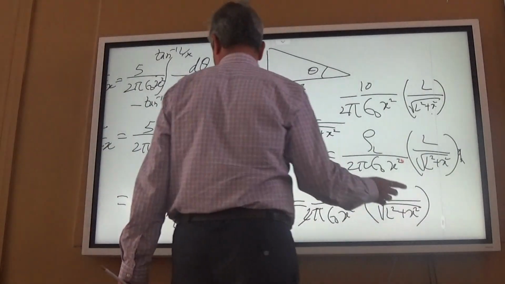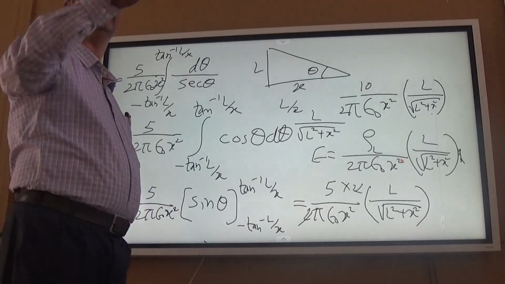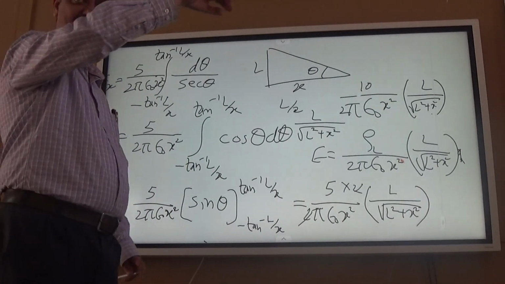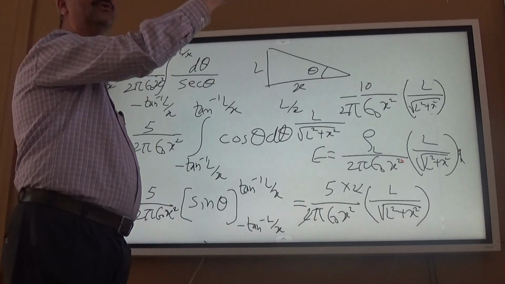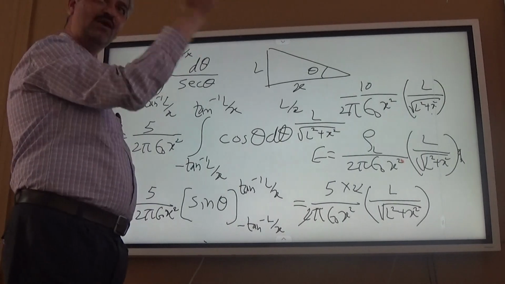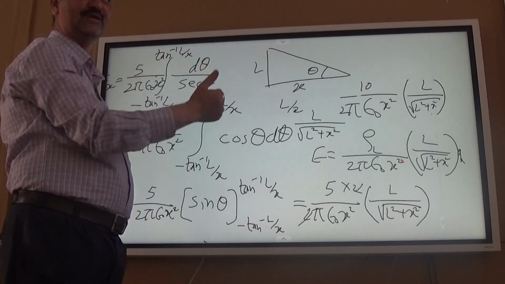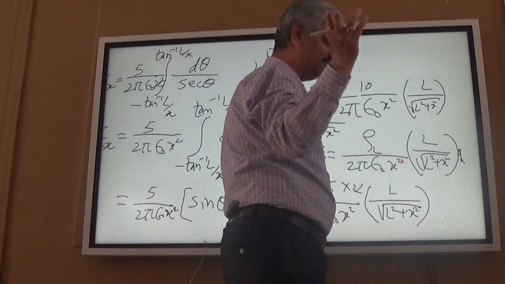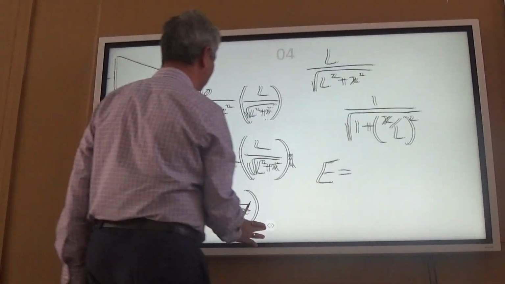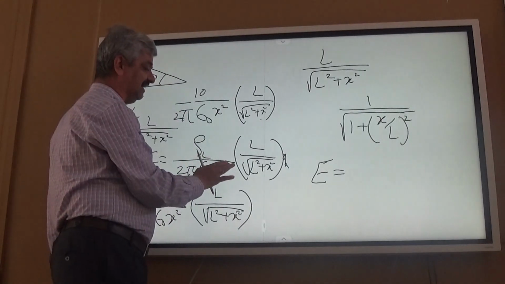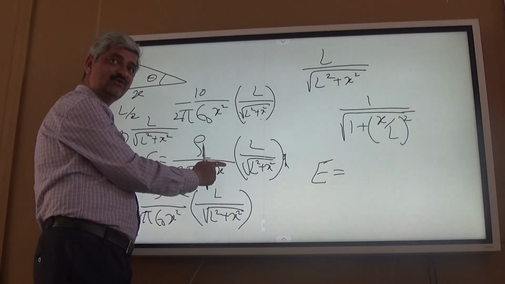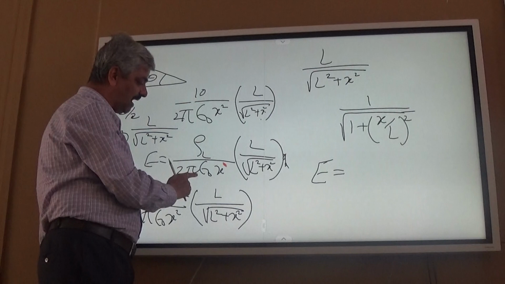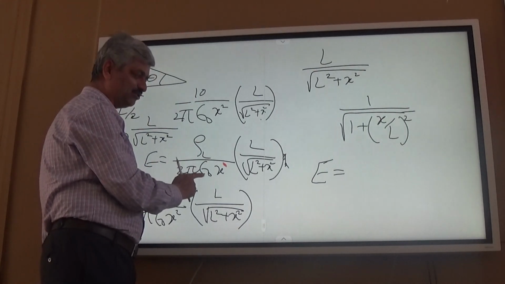When we took the x as 1, the x component is 1 upon 1 plus y, so 1x is still there. Somewhere that x in the numerator was missing, so the final answer is not x square: rho L upon 2 pi epsilon naught x.